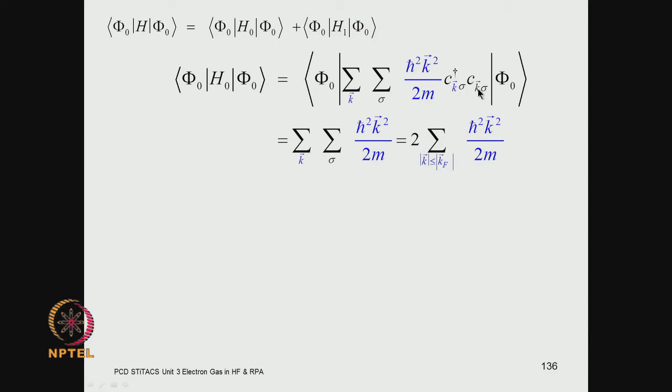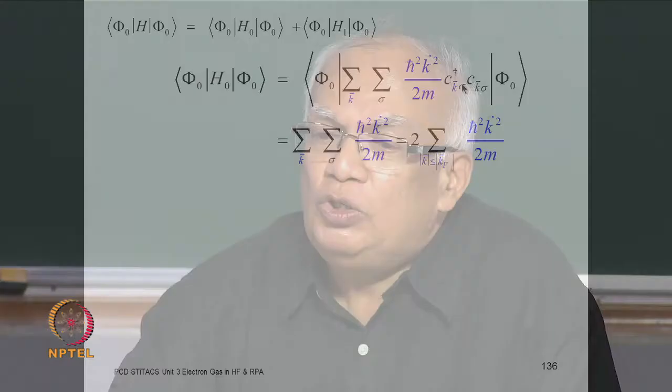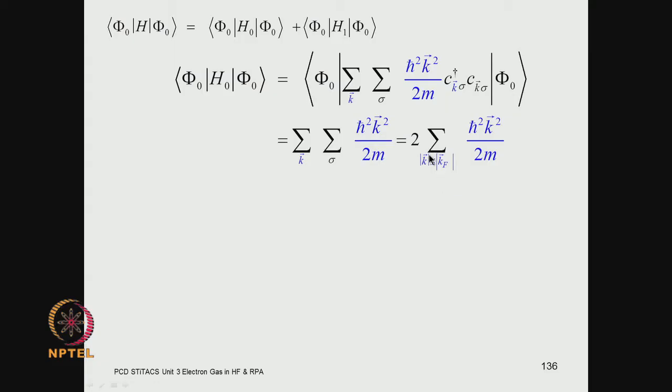But then C dagger C is just the number operator, which will give you a non-zero value if and only if the momentum states you are referring to are occupied states, and only those states at or below the Fermi level are occupied. That is the reason this summation must be restricted to k values less than or equal to the momentum at the Fermi level.